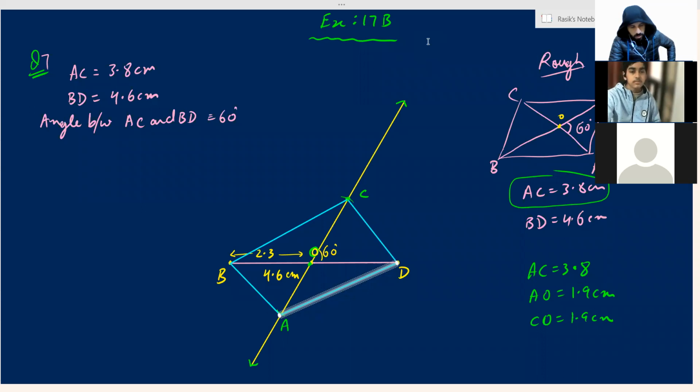Very good. Anshuman and Pranjali also. Very good. Excellent. Very nice, both of you.